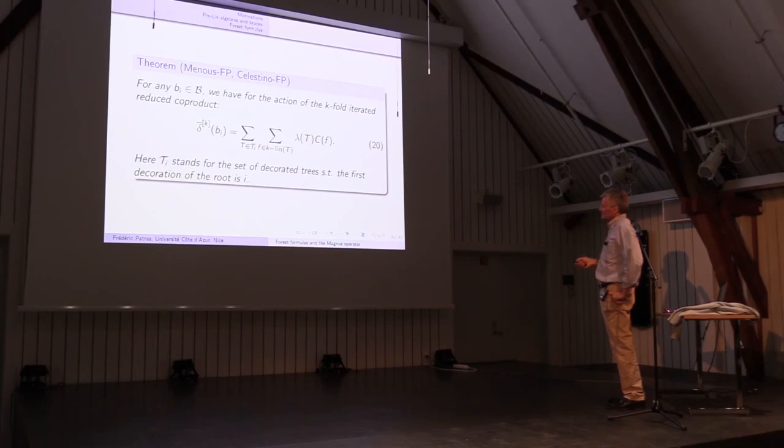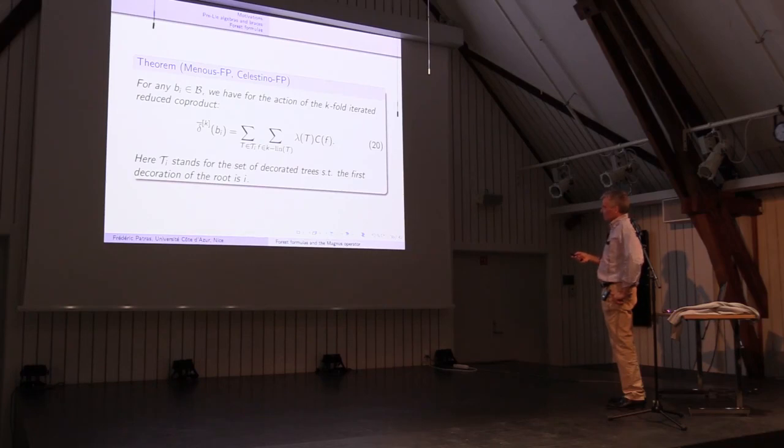So technically, all the decorated trees such that the third decoration of the root is i. So I sum over all these trees and over all linearizations of the trees. Then I have these coefficients lambda_t, which I have not defined, but I will roughly explain the way it is obtained, times this tensor product of elements in the Pauli algebra.